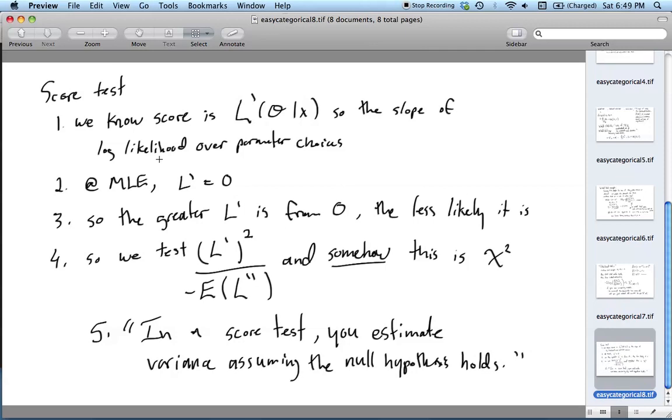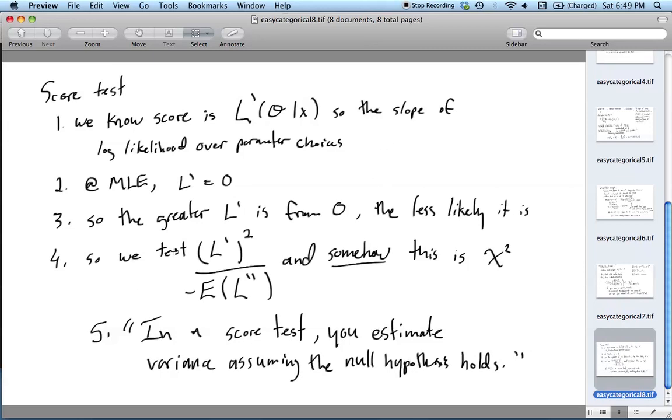Now, as we know, at the MLE, the derivative is 0. So when you're testing your null parameter value, the farther it is from the MLE, the bigger its slope is going to be.